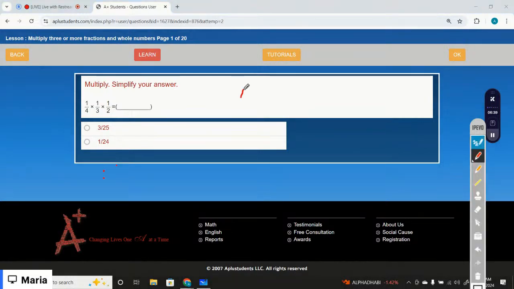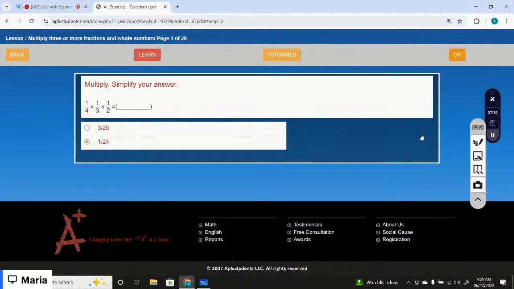They are 1 times 1 times 1 divided by 4 times 3 times 2. That is 1 over 24. So option number 2 is the correct option.